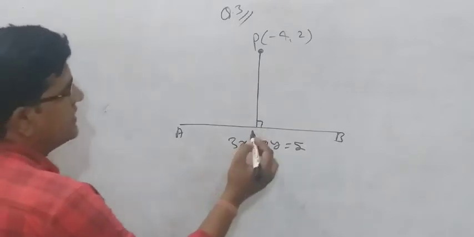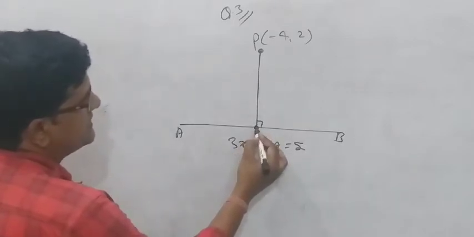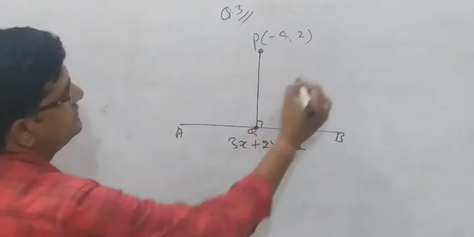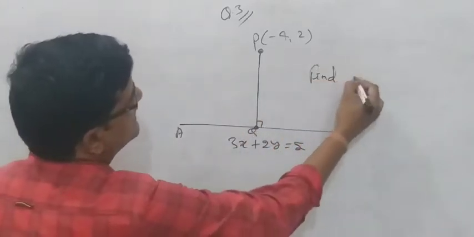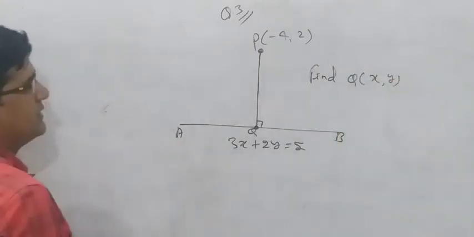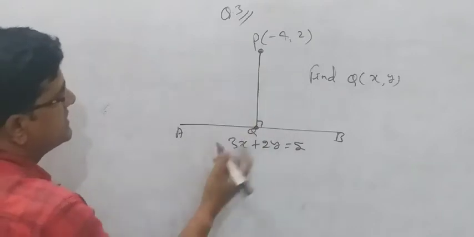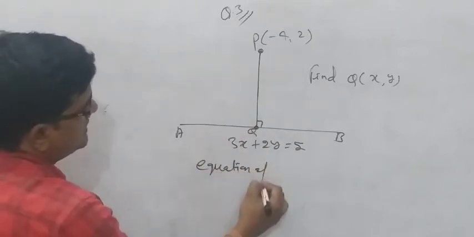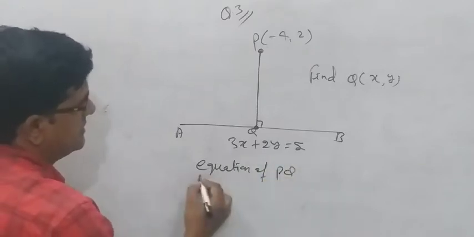It means we have to find the coordinates of the foot of the perpendicular. Suppose P here, Q here, so find the coordinates of Q, suppose (x, y). Understood? So first of all find the equation of PQ.